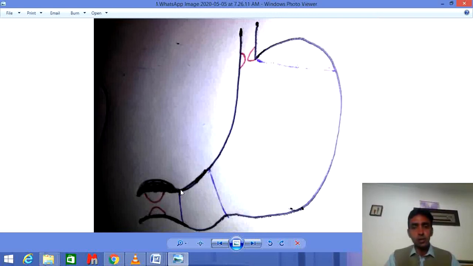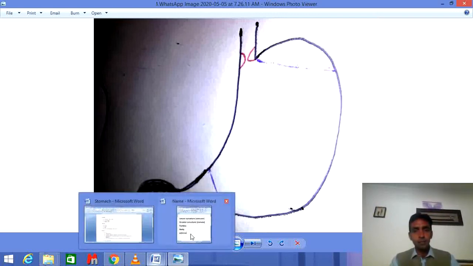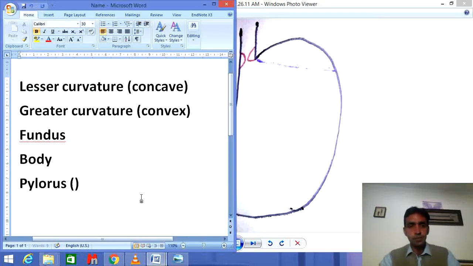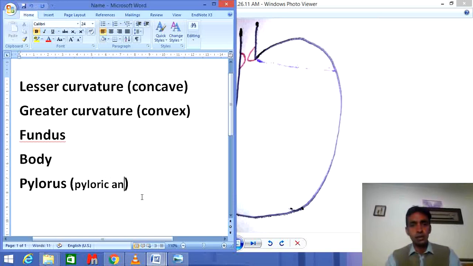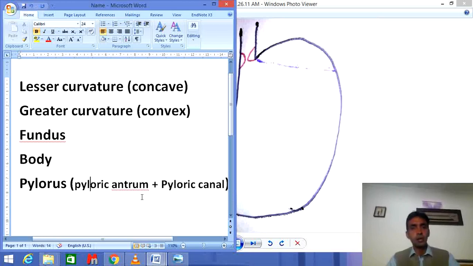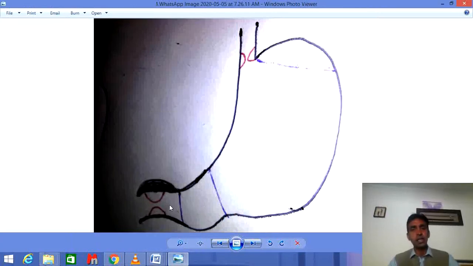This is the pyloric antrum, and this is the pyloric canal. So the pyloric antrum and pyloric canal combinedly make the pylorus. This part is the pyloric antrum, and this part is the pyloric canal.